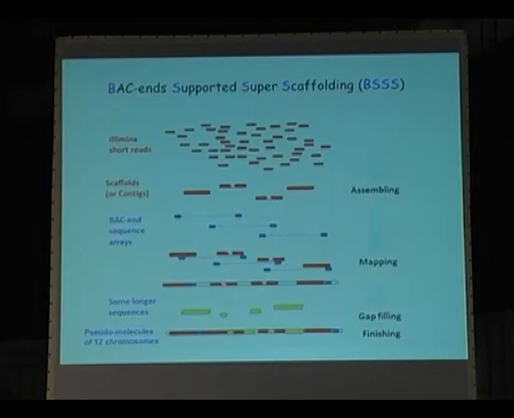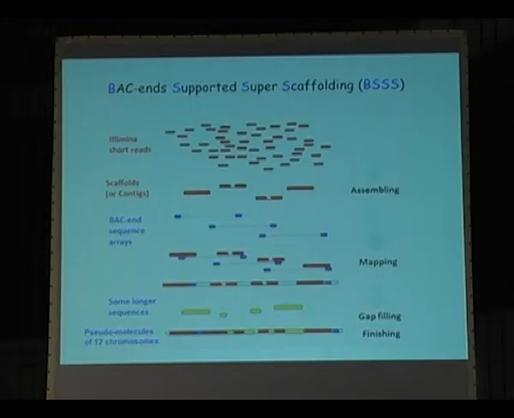We first analyzed the Illumina short reads, and assembled them into scaffolds. After scaffold making, we mapped them on the BAC-end sequence arrays, which were already constructed by Rod Wing's group.